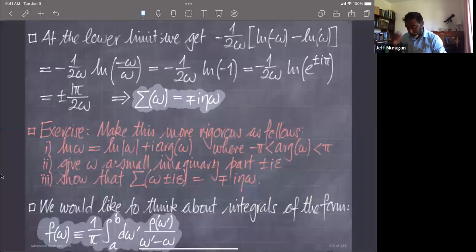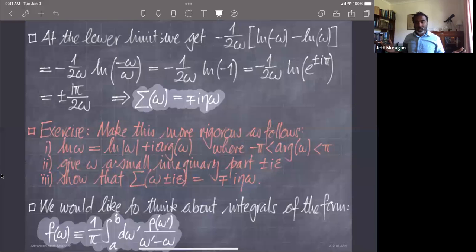Okay, so that integral was, where was it? Yeah, 1 over pi, integral from a to b, d omega prime, rho of omega prime divided by omega minus omega prime. Except I'm calculating f of omega minus i epsilon, so sitting in the bottom here should be an omega minus i epsilon. And I want to take the complex conjugate of the whole thing.